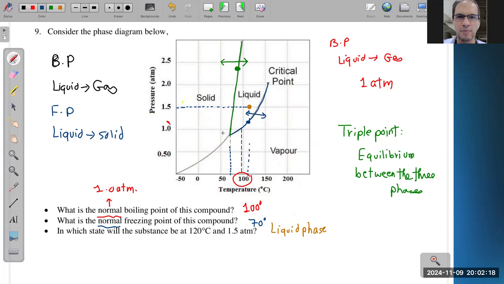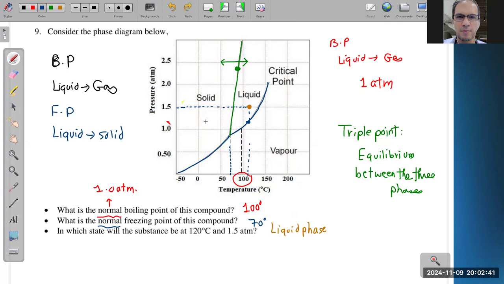It's equilibrium. What does equilibrium mean? It means condensation and evaporation are both happening. If you evaporate it, you move like that, and if you condense it, you move like that. But you are at this point, so the rate of evaporation equals the rate of condensation. So you are at equilibrium. And if he asked me about any point here, I will call it equilibrium between liquid and solid.